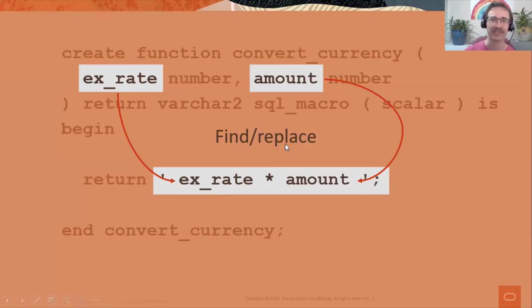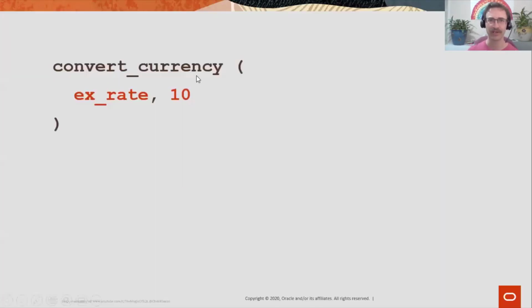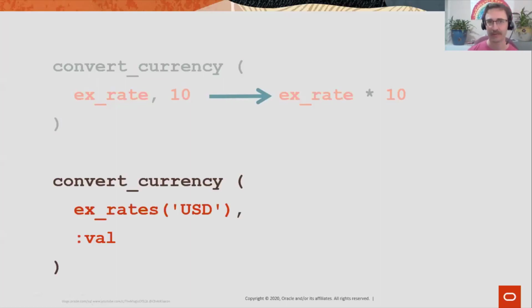To give you an example of how this might work, if we call convert currency x rate 10, let's imagine x rate is the column. At parse time, when we submit the query to the database, it resolves that to x rate times 10. If instead we're passing in our associative array and a bind variable, it doesn't look at what these values are. It doesn't resolve and find out what the exchange rate for USD is and what this bind variable value is.